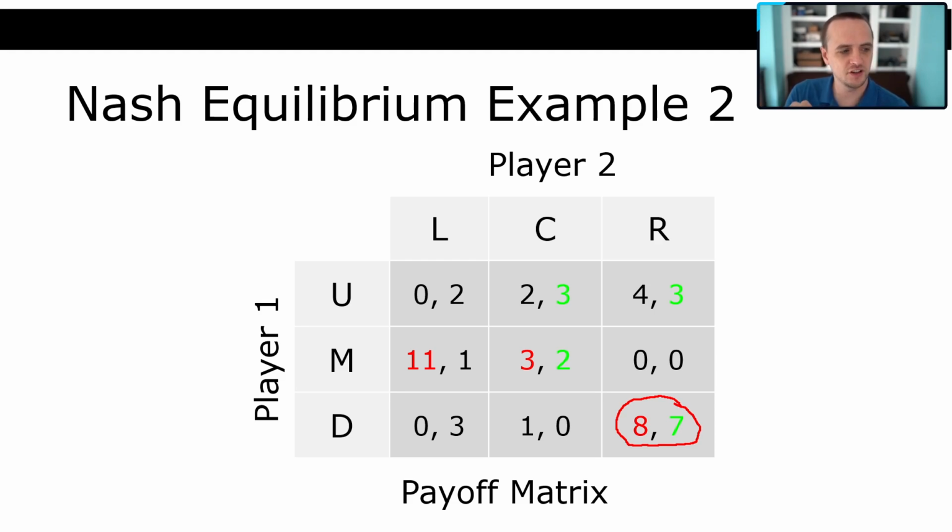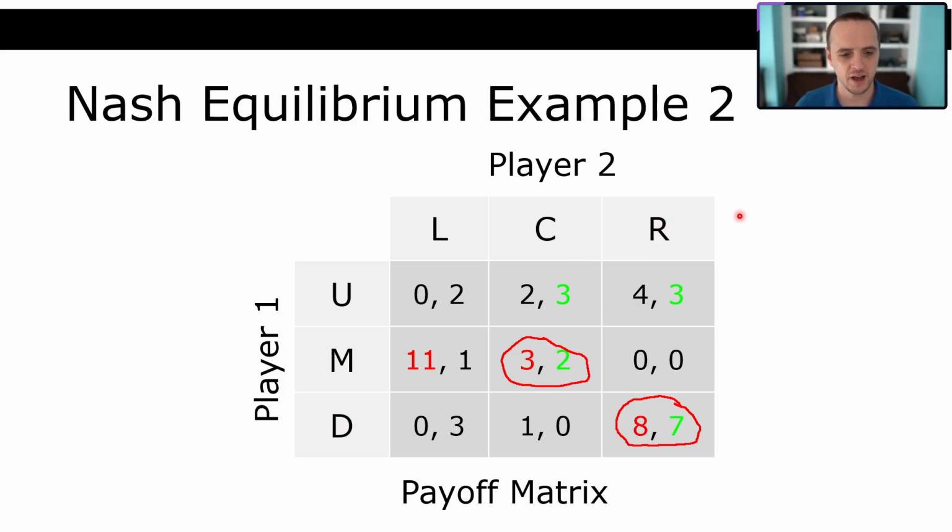I've intentionally phrased my question a little bit misleading so that you'll remember this lesson, and the lesson is there can be multiple Nash equilibria. If I asked you on an exam where the Nash equilibria are in this case, it is both of these: MC and DR.